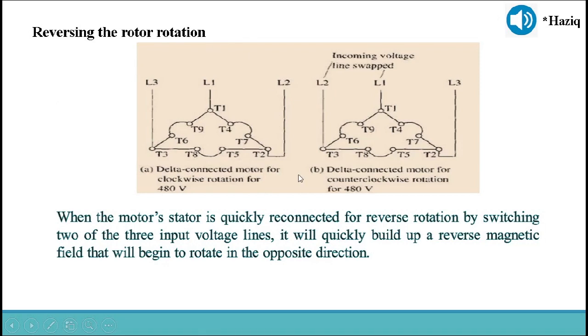We can see the following example, where motor A will rotate clockwise and motor B will rotate counterclockwise by swapping the incoming voltage lines. As you can see, L1 and L2 are swapped between the left and the right.